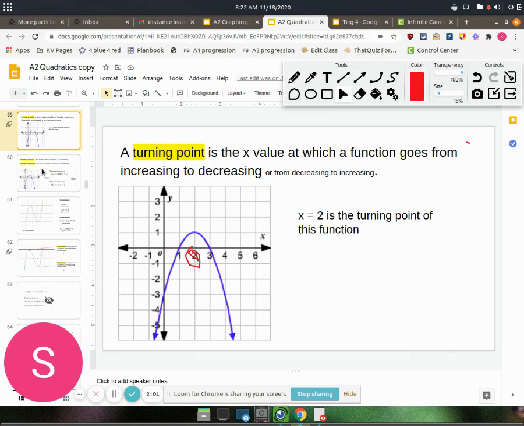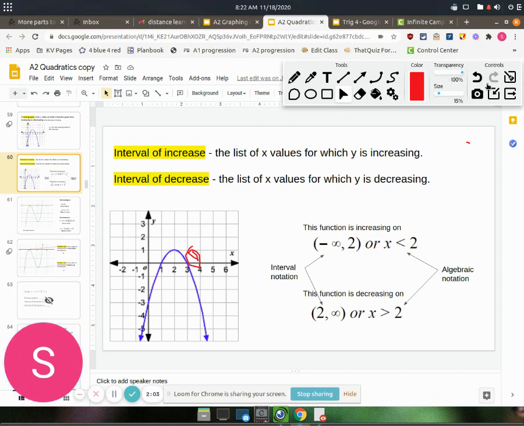All right. Let's talk about interval of increase and decrease here. An interval of increase is all the x values for which y is getting bigger, for which y is increasing. From way over here until it gets to 2, so 2 is the spot where it switches.